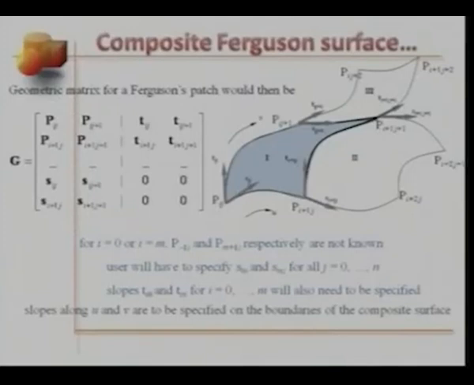In summary, slopes along the u and v parametric directions are to be specified on the boundaries of the composite surface.